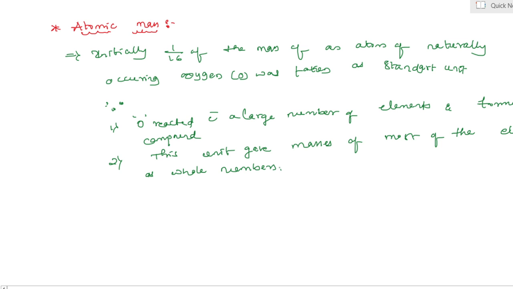Yes, my dear students, this unit, 1/16 of the mass of an atom of naturally occurring oxygen, gave masses of most of the elements as whole numbers.